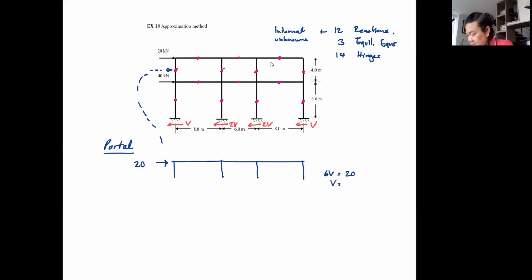So V is 20 over 6. So just like that, now we know that this is 20 over 6. This is 2V, so it becomes 20 over 3. This is 20 over 3, and this is of course 20 over 6. Very easy, right?